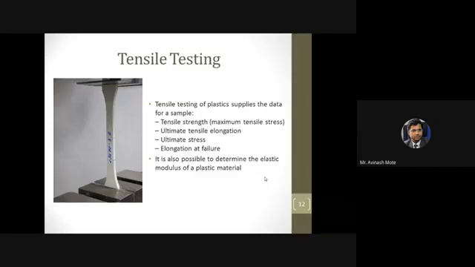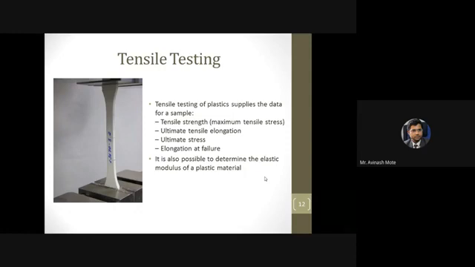If I calculate longitudinal strain as delta L by L, L stands for original length and delta L stands for change in length, the difference between original and final length. That is called engineering strain.